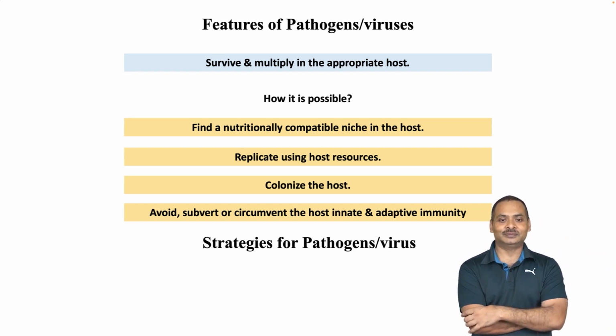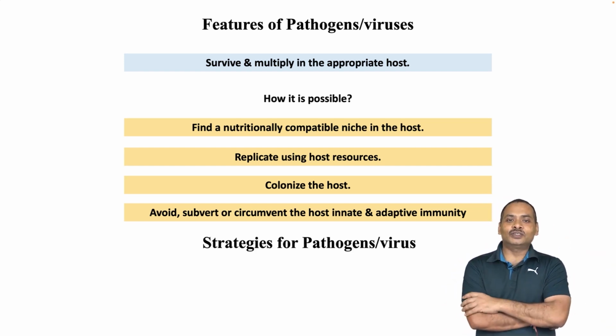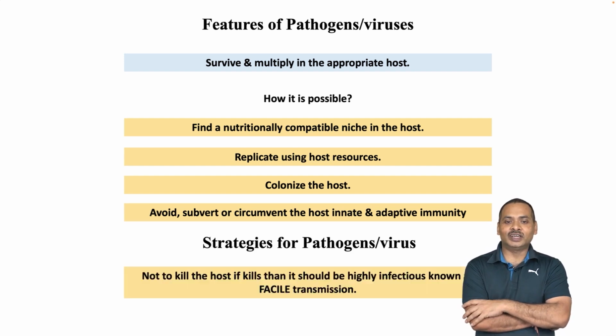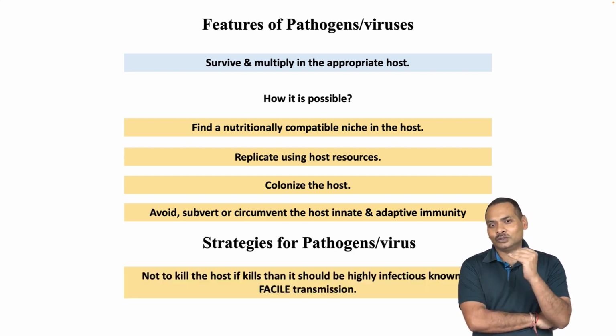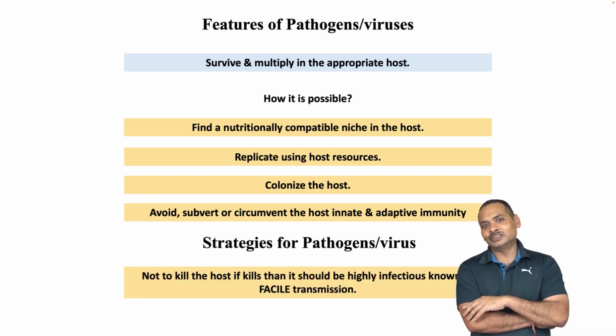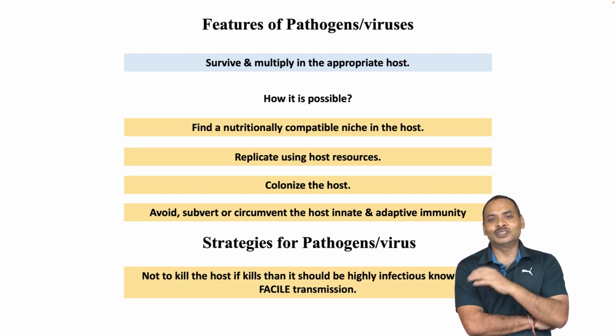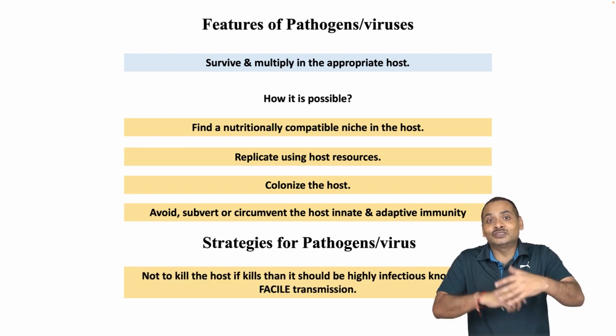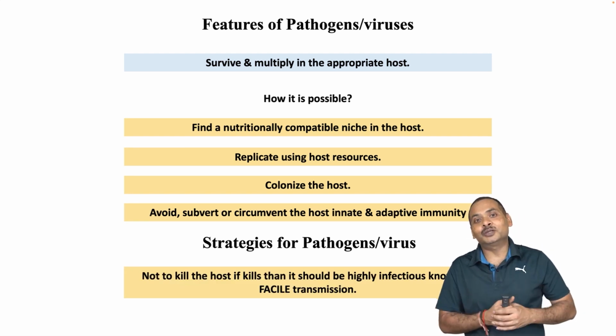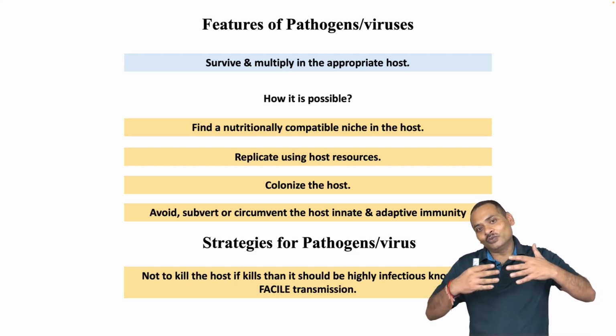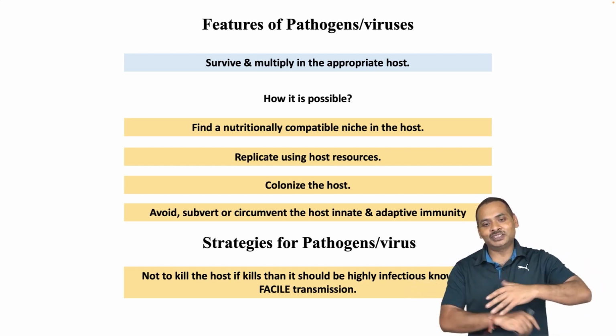So the strategy for pathogens and viruses: the overall aim of the pathogen is not to kill the host, because if they kill, then they will not replicate. So they always want an equilibrium position.